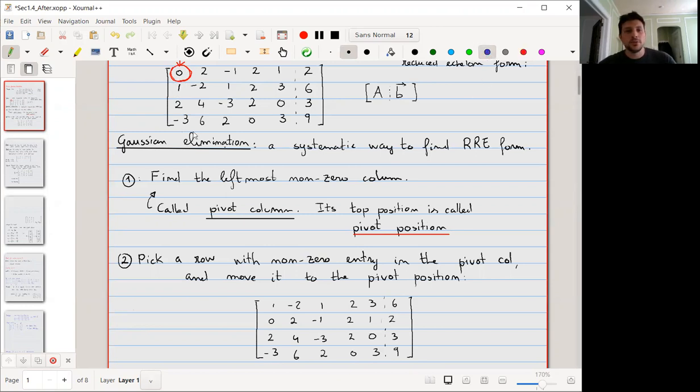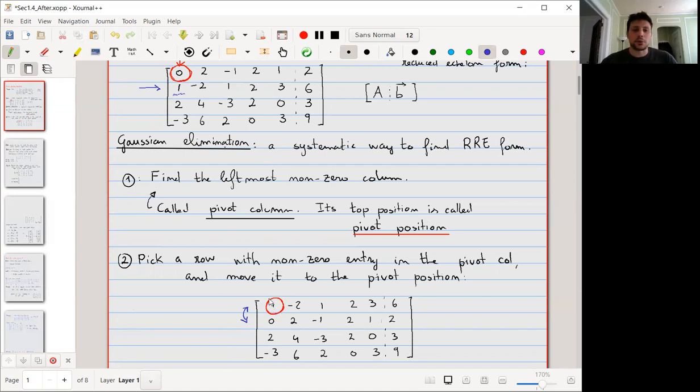In this case, the second row of the matrix has a non-zero entry in the pivot column. It's a 1. So we may swap it with the first row and put the non-zero entry in the pivot position. What I did here was to swap these two rows. And now there is a non-zero entry in the pivot position.